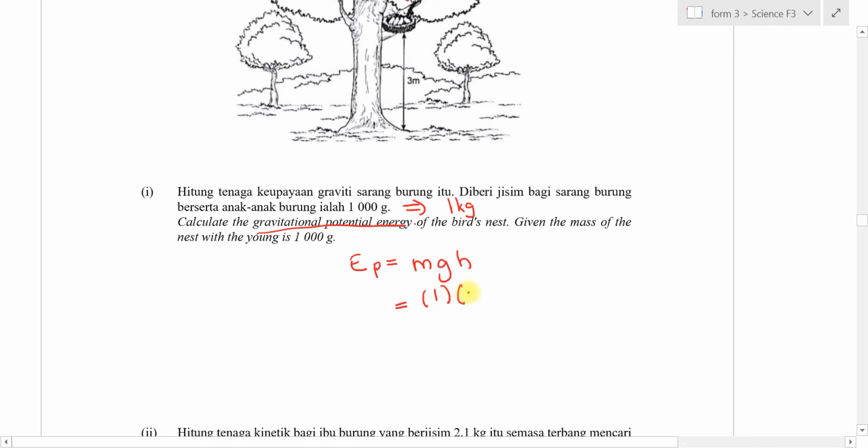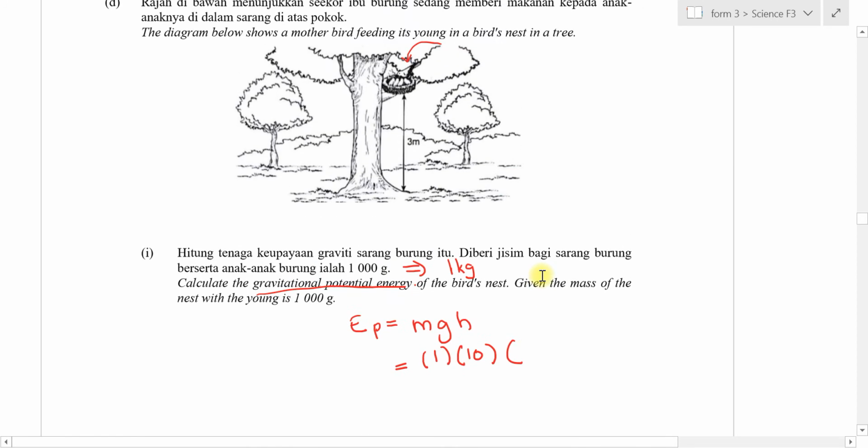So 1 kg, the g is 10, always 10 for your level. When you go to a higher level, you will write 9.8 or 9.81. Okay. And the height was given as 3 meter. So 30 times 1 is 30 joule. Remember, for energy and work done, the unit is joule.